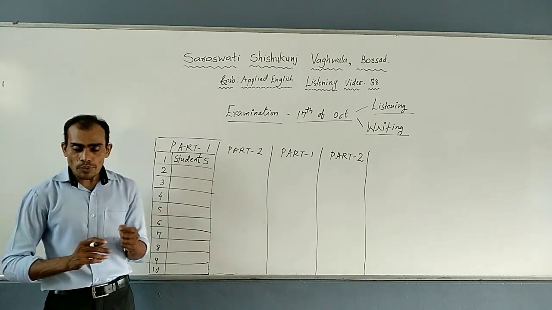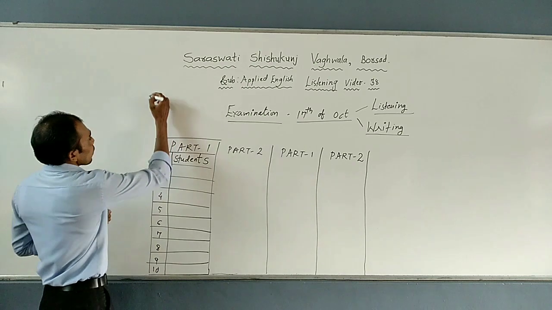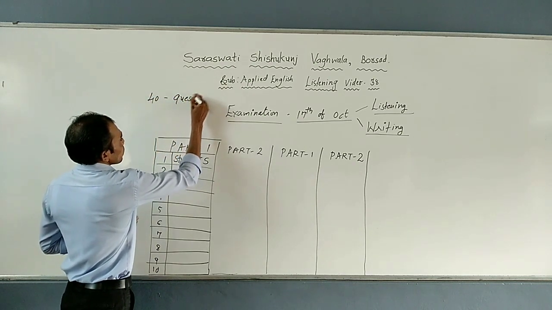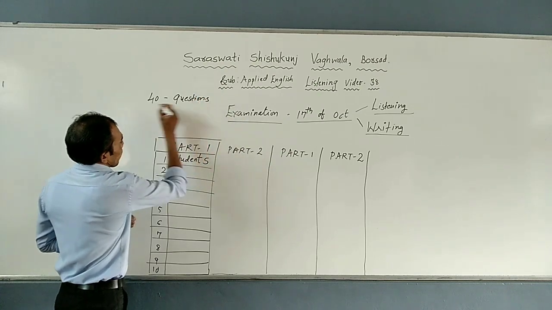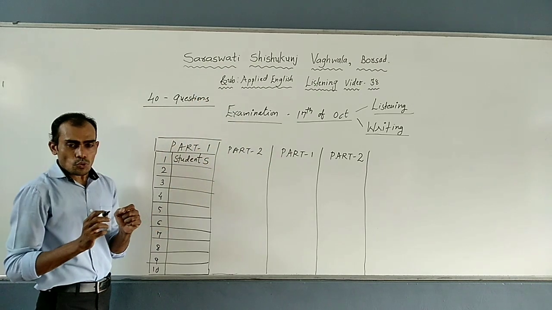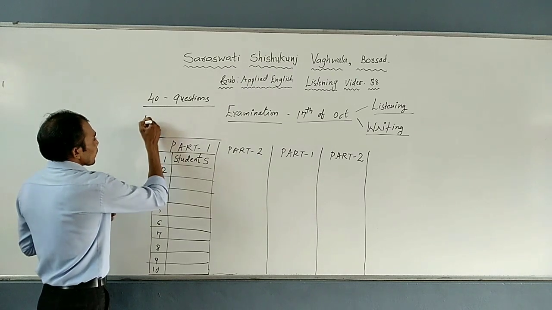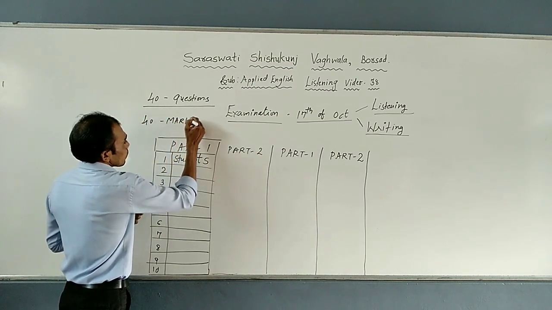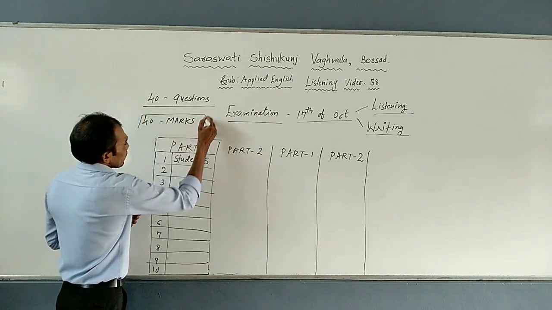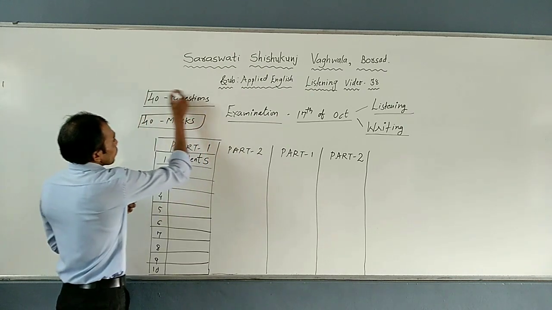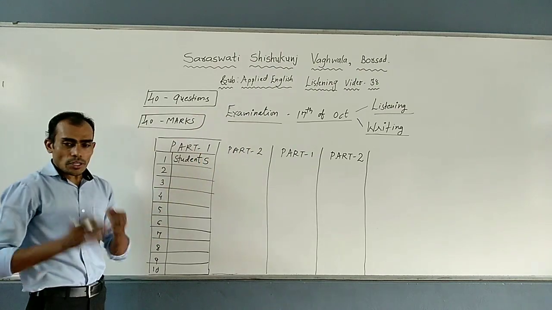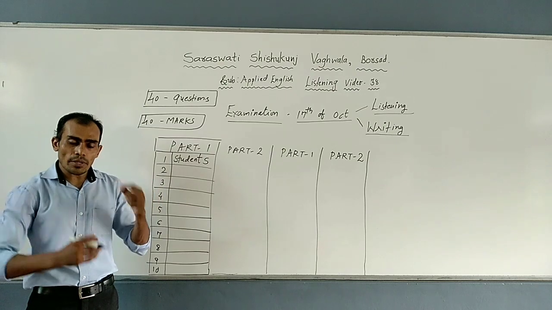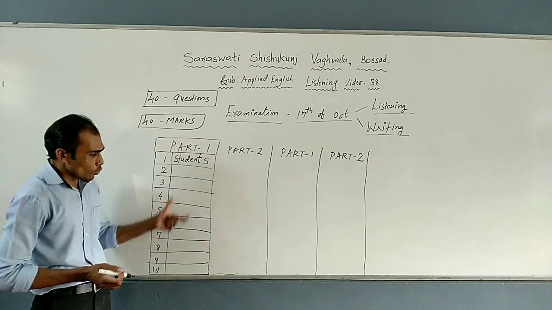So students, in listening there are a total of 40 questions, and 40 marks. Keep in mind, this is 40 marks, 40 questions. So for each answer, students, you will get 1 mark. So this is all about listening.